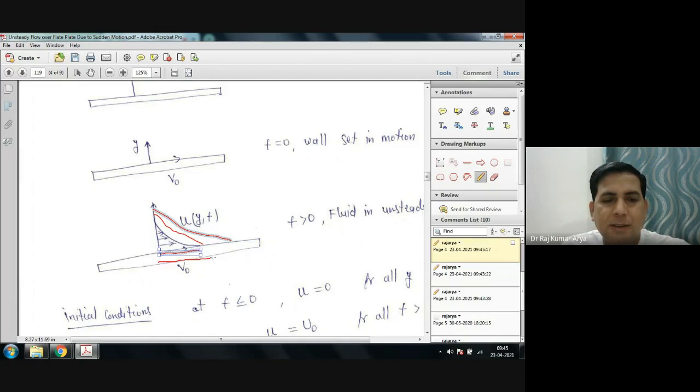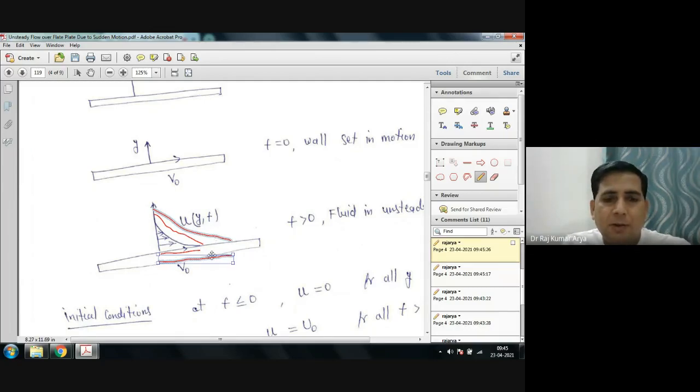Now, next condition, you have drawn something like that. Are these two profiles fine? The first one is this and the second one is this. Okay, if you cannot find the answer, I will tell.